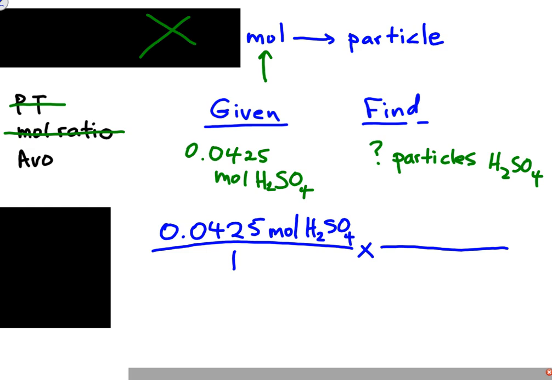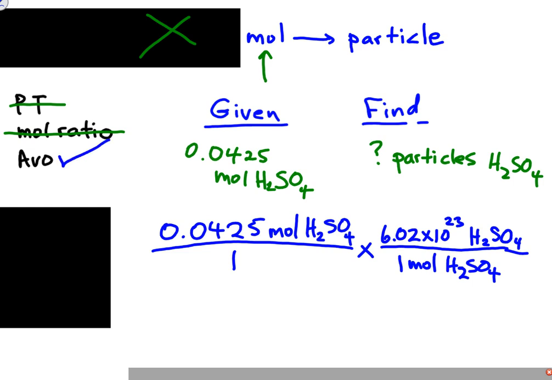Right, mole has to be on the bottom. 1 mole of H2SO4 and 6.02 times 10 to the 23rd H2SO4s. That's our particle. No change in particles, no need for mole ratio. So, we're actually using this guy, aren't we? That's the only thing we're using.